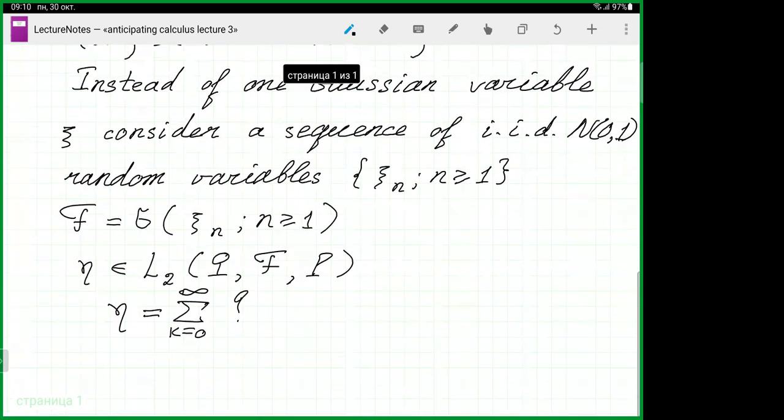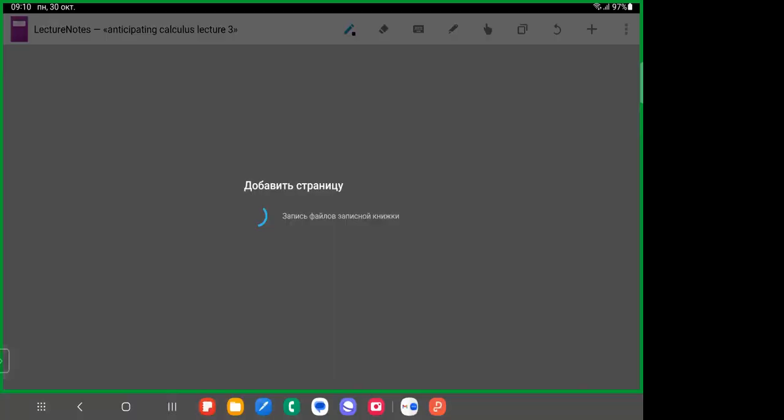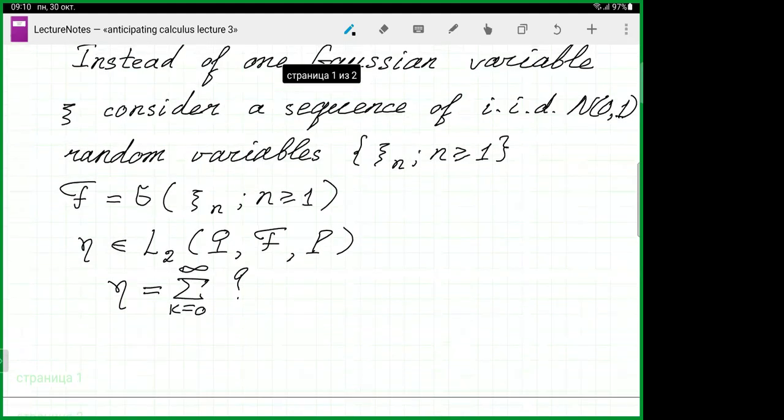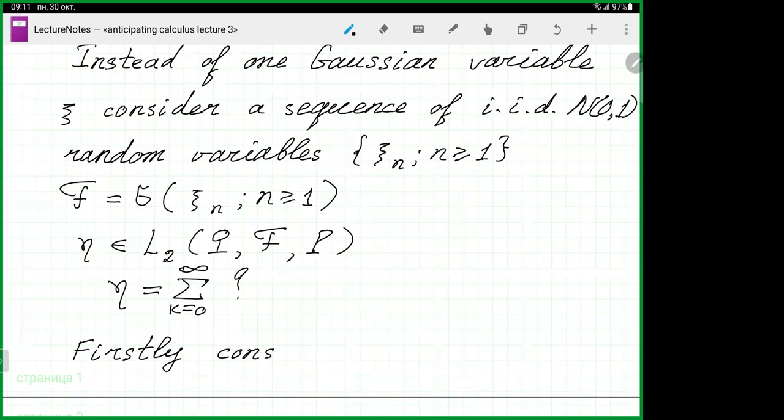Instead of the sequence, we consider firstly the case of a finite number, xi1, ..., xi d.